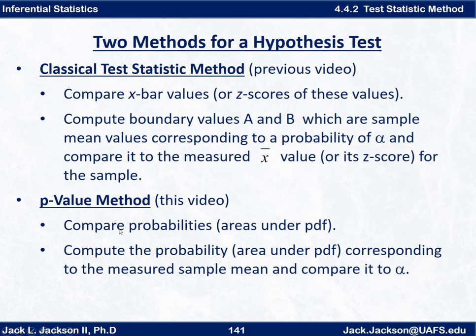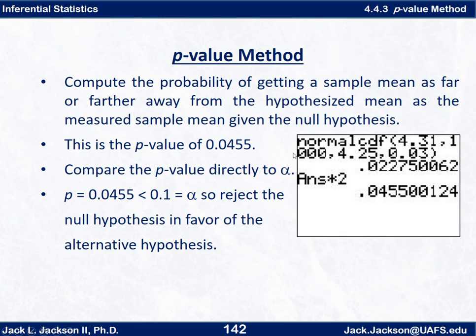Okay, so in the p-value method, what we do is we simply compute the probability of getting that value or something more extreme. Now since this is what's called a two-tailed test, the p-value is going to be twice what we get right here.